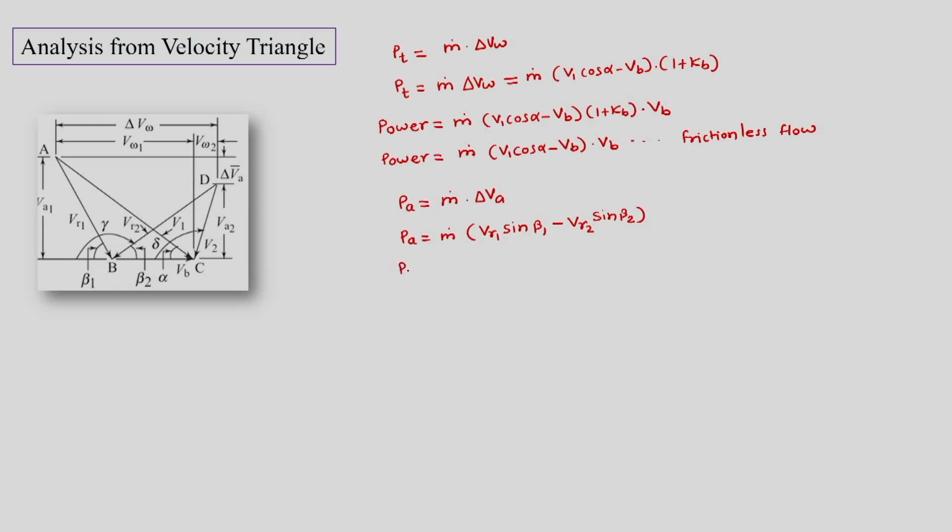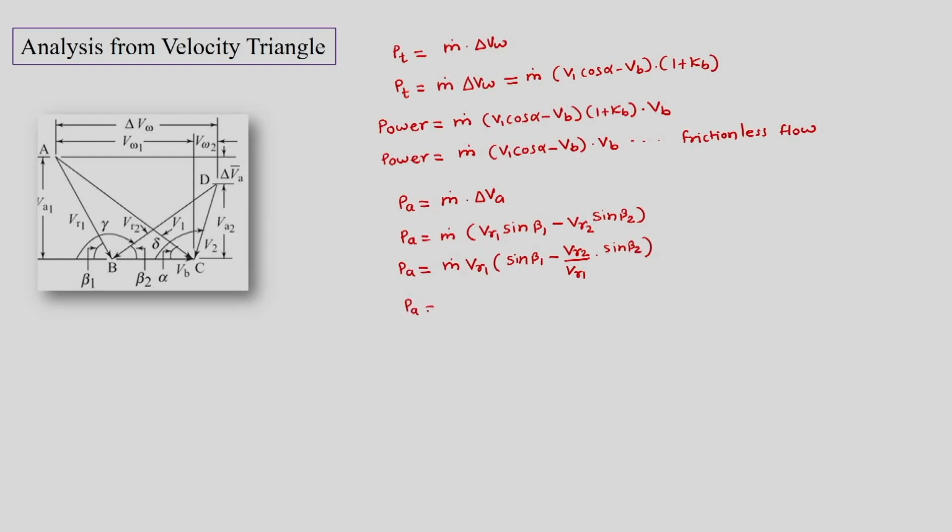So then PA is equal to m dot VR1, we can take VR1 common, so we have sin beta 1 minus VR2 upon VR1 into sin of beta 2.